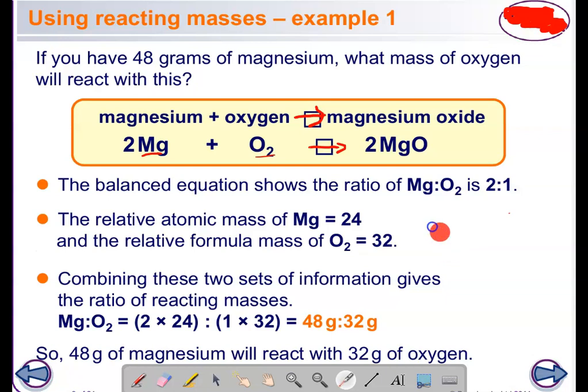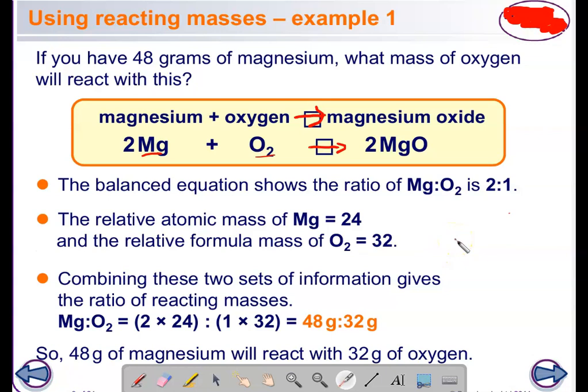So here, if you divide the mass of magnesium, which is 48, by the relative atomic mass of magnesium, 24, you get 2. So the number of moles of magnesium in this reaction is 2. Therefore, the number of moles of oxygen reacting in this reaction will be 1.